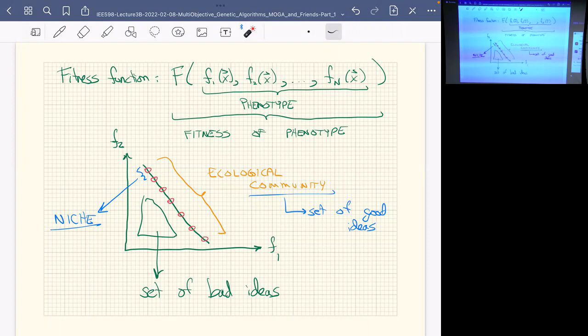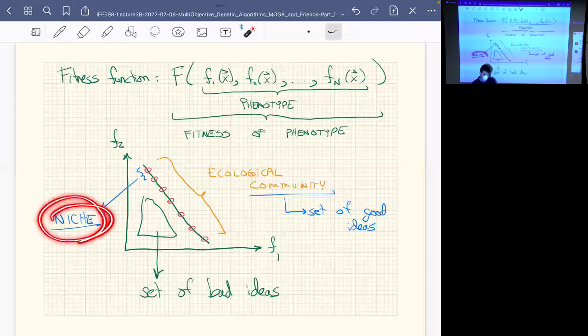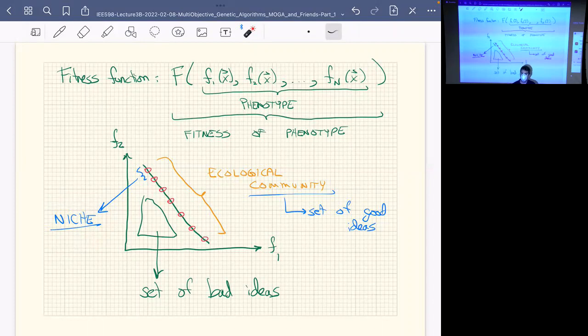Do we have to weight any of these individual fitnesses? No, that's the beauty of this whole approach. If you were to weight these, if you were to say a priori that F1 is 5 times more important than F2, then you would be effectively collapsing this space into a single optimization space where you've already chosen a niche. So you can think of this niche here as a choice where F2 is much more important than F1.